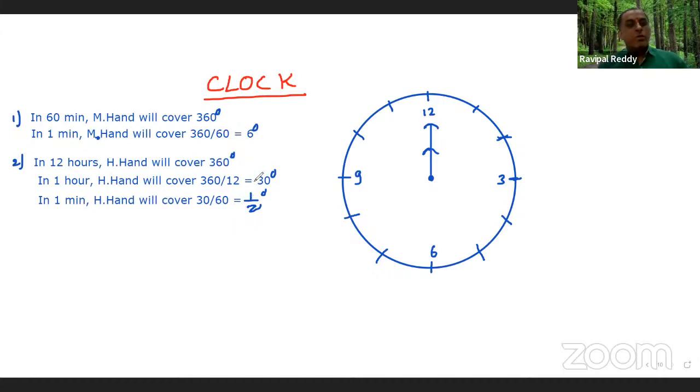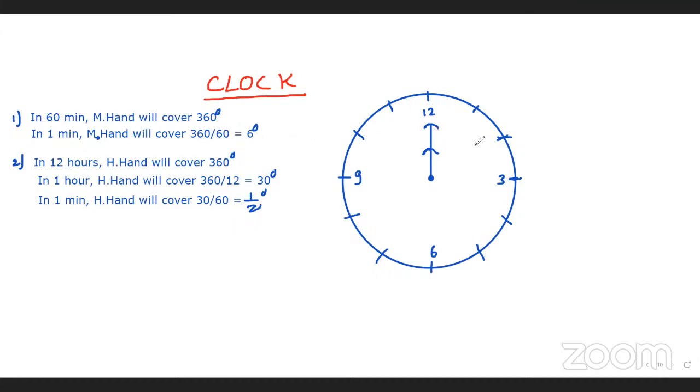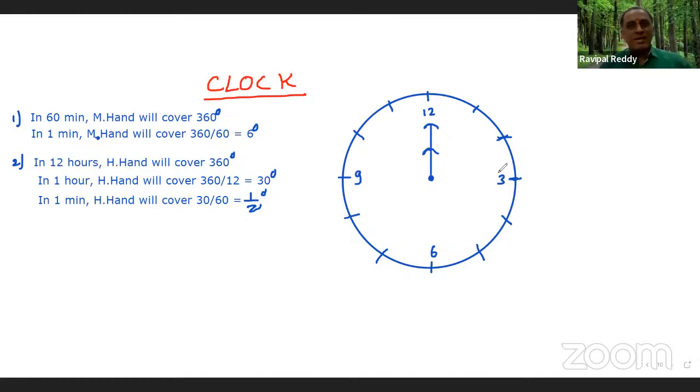First point: in 60 minutes the minutes hand will rotate one circle. Therefore, in 60 minutes it will cover 360 degree, and in 1 minute, the minutes hand will cover 360 by 60, which is 6 degree.